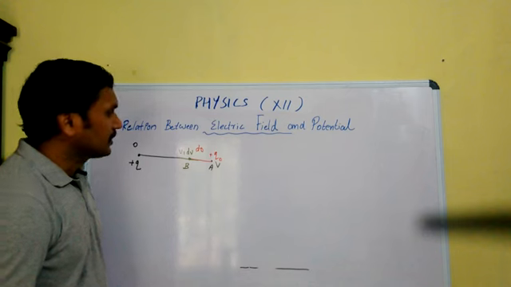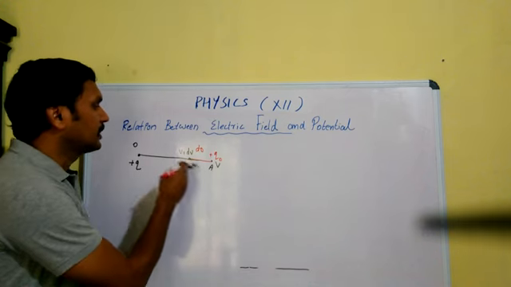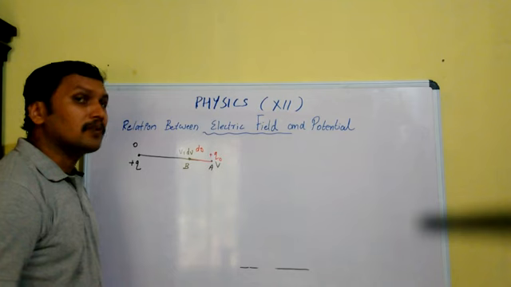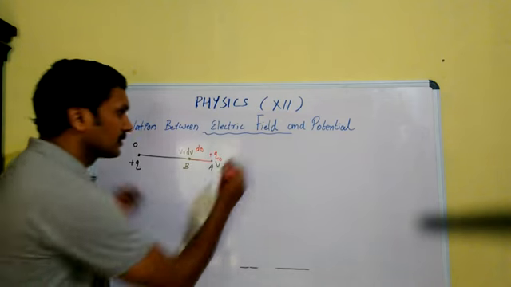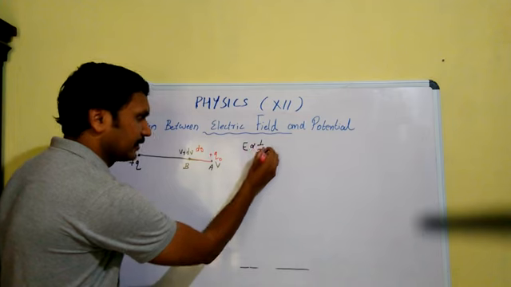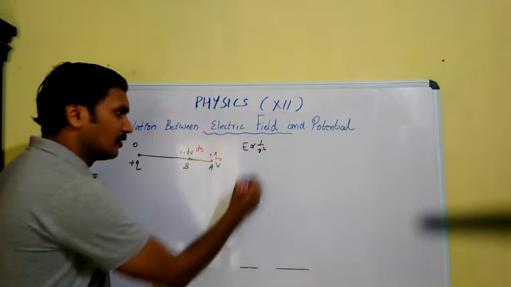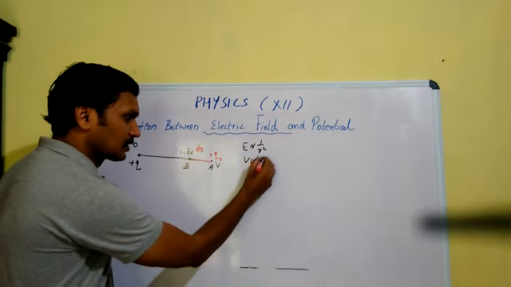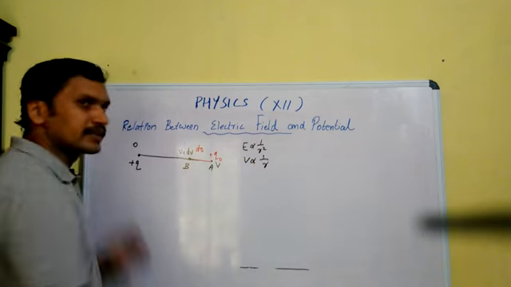But we can consider the electric field at points A and B to be almost the same, because we know that electric field is inversely proportional to the square of distance, whereas potential is inversely proportional to the distance.